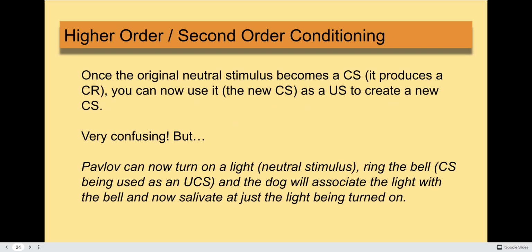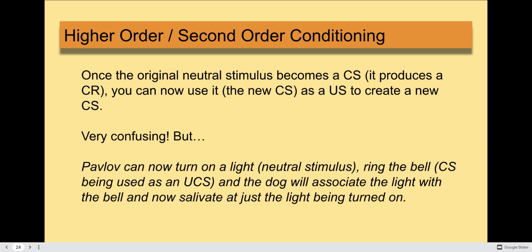Now we can start using the bell as an unconditioned stimulus to create a new one. I know that sounds confusing. So Pavlov's dog is salivating at the sound of a bell, which is weird enough as it is, but it is because it's thinking, oh, food's going to come out. Now let's take the sound of a bell and pair it up with something else, like we turn a light on, which is still a neutral stimulus.